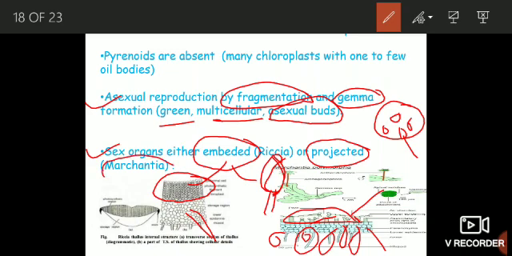For example, Marchantia. In Marchantia, you have an antheridium, and that antheridium contains a well-developed stalk. You have an archegonium, and that archegonium also contains a stalk-like structure. Or simply you can remember that in case of projected sex organs, the sex organs contain stalks, while in case of embedded sex organs, the sex organs do not contain stalks.